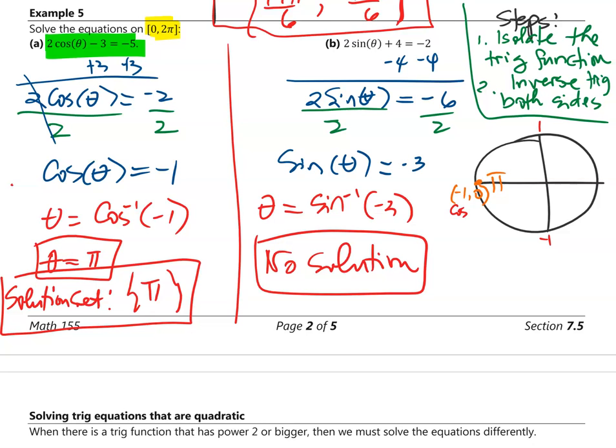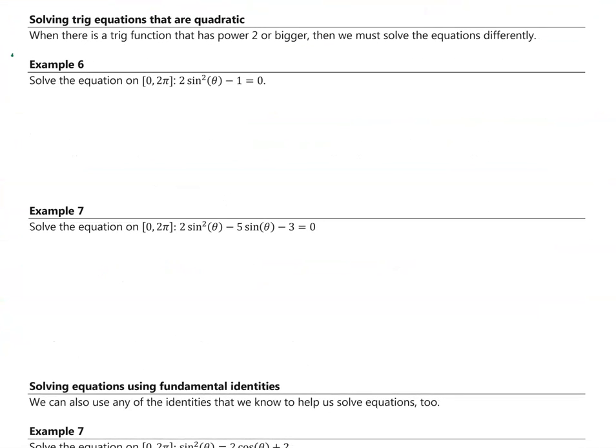Okay. Next one, solving trig equations that are quadratic. When there is a trig function that has a power of 2 or bigger, then we must solve the equations differently. Like example number 6, solve the equation on the interval from 0 to 2 pi, given 2 sine squared theta minus 1 is equal to 0.